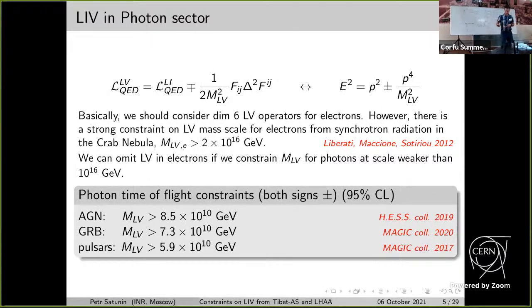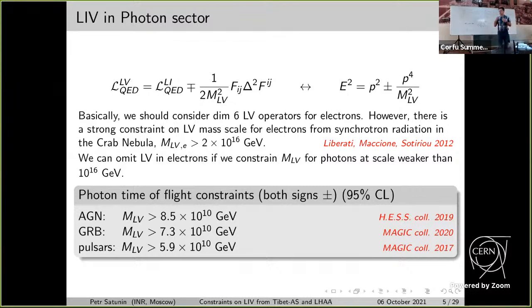In addition to LIV in the photon sector, one should consider LIV in the electron sector, but there is a nice fact from the consideration of LIV in electrons. If you consider synchrotron radiation in the Crab nebula, one obtains a very strong bound on LIV in the electron sector, 10^16 GeV.